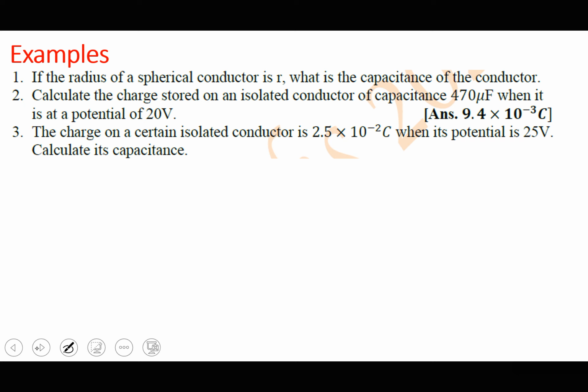So, examples, let's try to see number one. If the radius of a spherical conductor is R, what is the capacitance of the conductor?